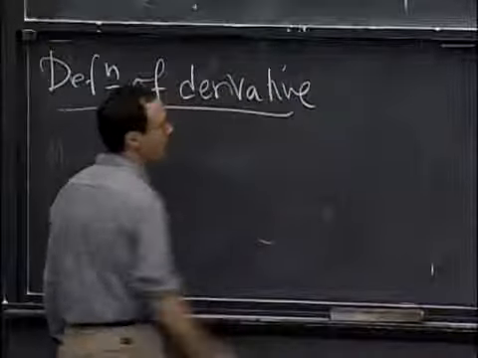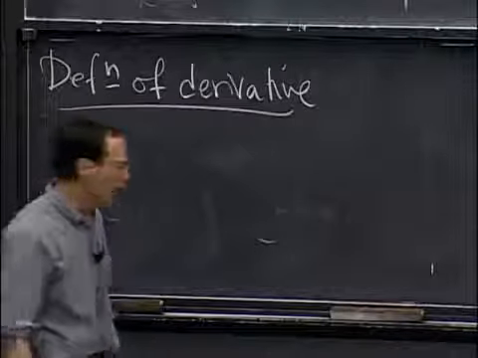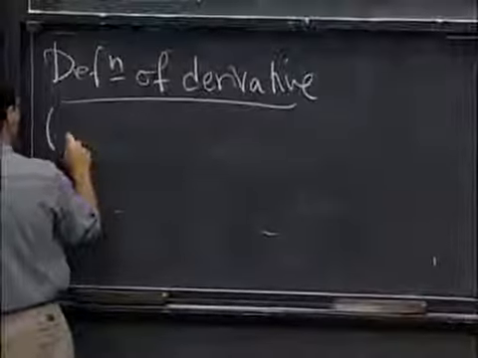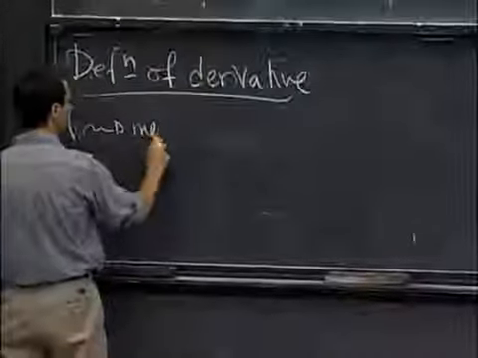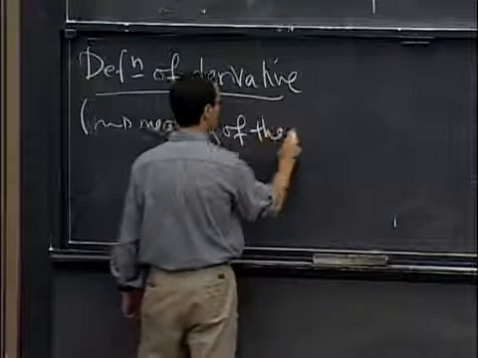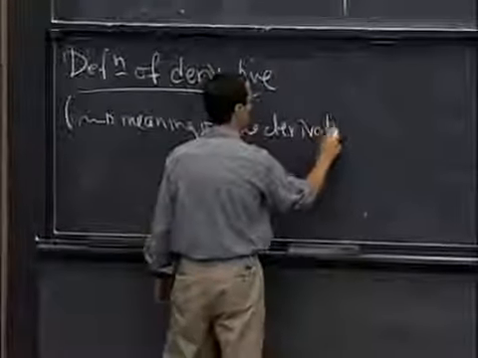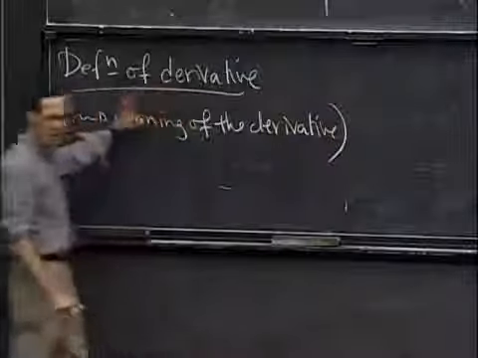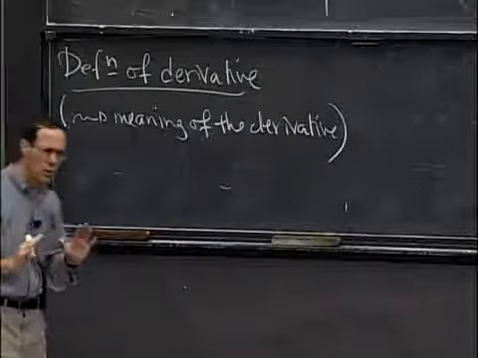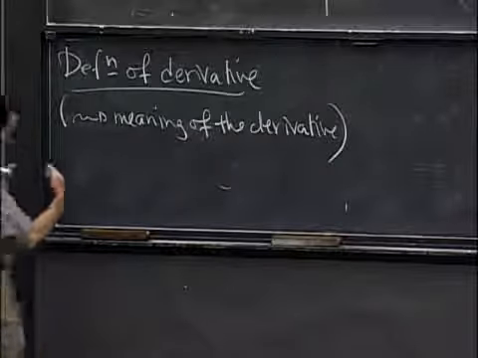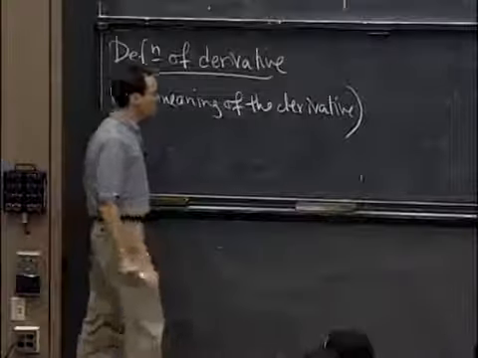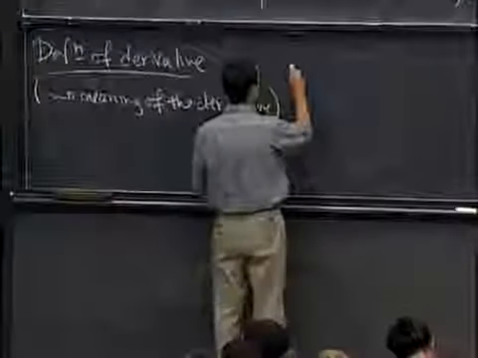And also, there was sort of a goal, which was to get to the meaning of the derivative. So these are the things. So we had a couple of ways of looking at it, or at least a couple that I'm going to emphasize right now. But first, let me remind you what the formula is.